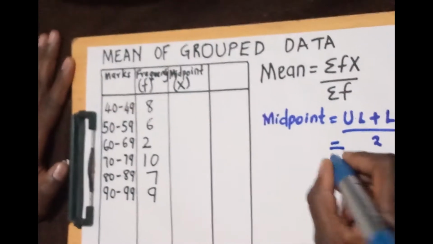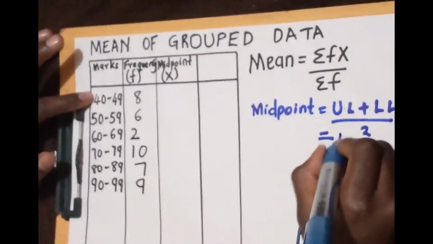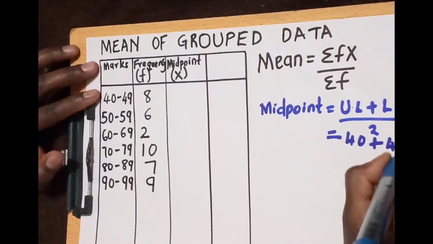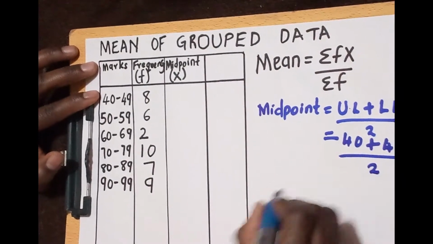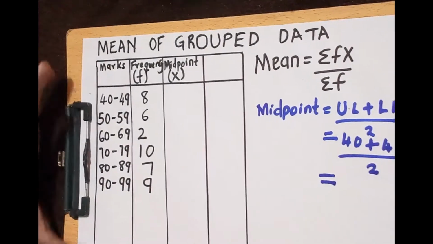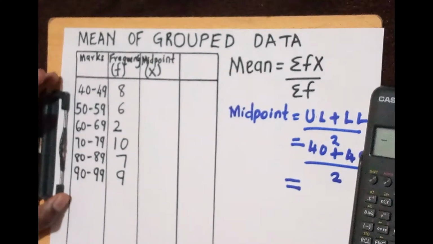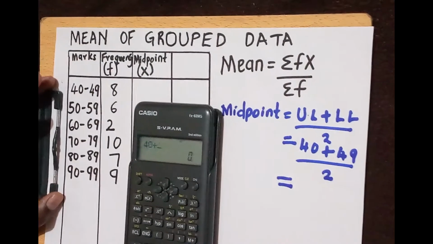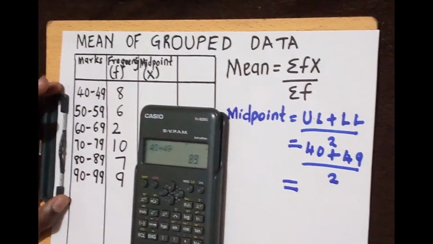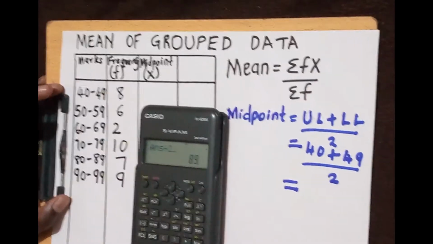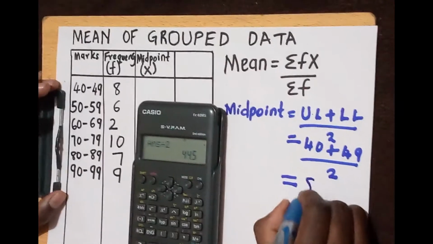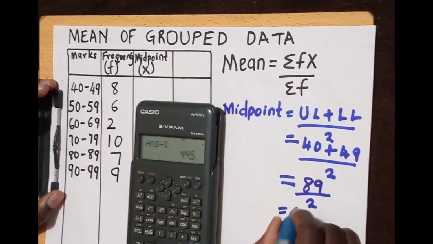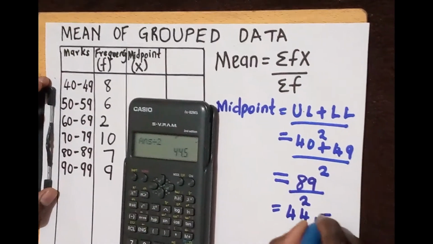So upper class limit in this case is 40 plus 49 divided by 2, which is equivalent to, okay, let's work out. 40 plus 49 is equivalent to 89 divided by 2. So 89 divided by 2, we get 44.5.